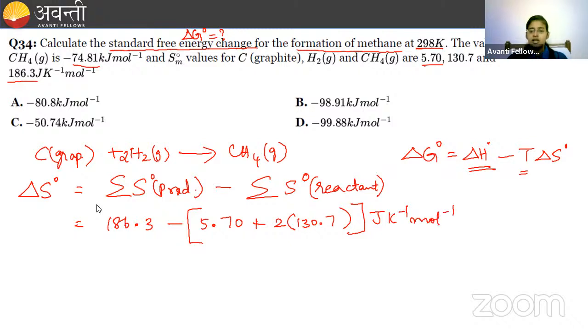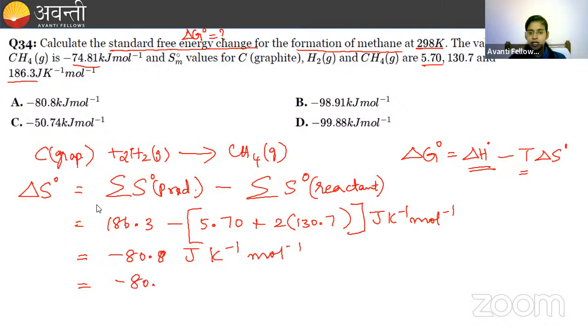Clear? So now if we multiply, add and subtract, we will get the answer as minus 80.8 joule per Kelvin per mole. If we want to convert this into kilojoule, we have to multiply by 10 to the power minus 3.